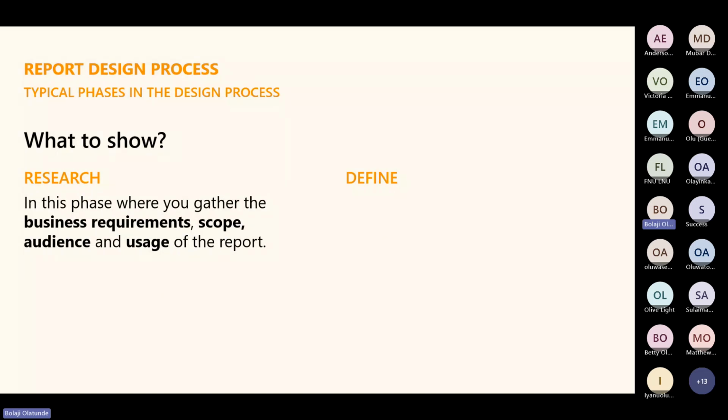So you know that, okay, if I have designed this report, and this is the requirement I've gathered, and this is the scope of my report, for as long as the report I've designed fits within that scope and answers all of those business requirements, you've designed a fairly good report, right? And you don't need to bug your head about, oh, is this good or is this not good? So that's it about the scope.